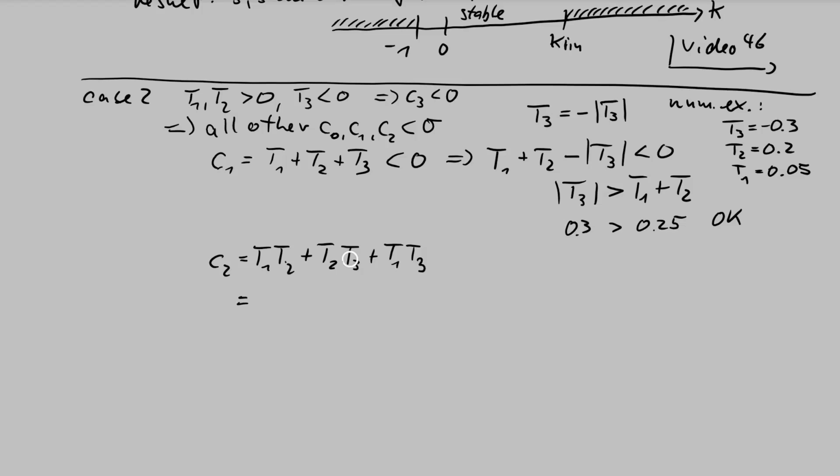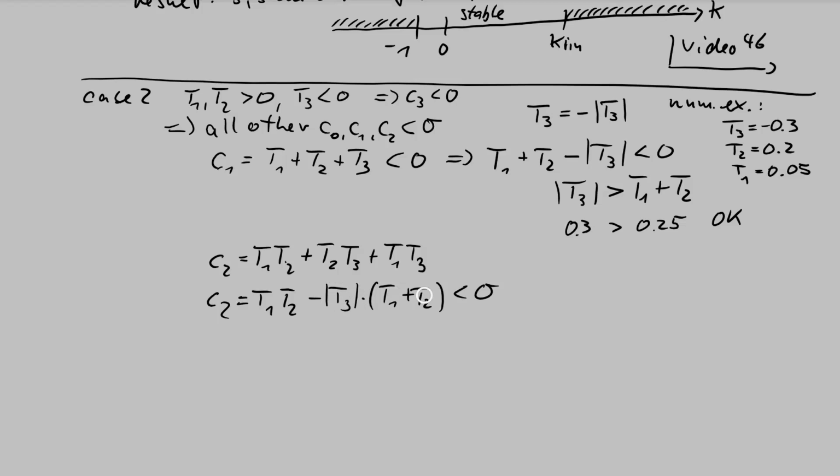I extract the T3 out of the both last elements, so I can write T1, T2, a negative T3 magnitude times T1 plus T2, and this is C2, and C2 must be smaller than 0.